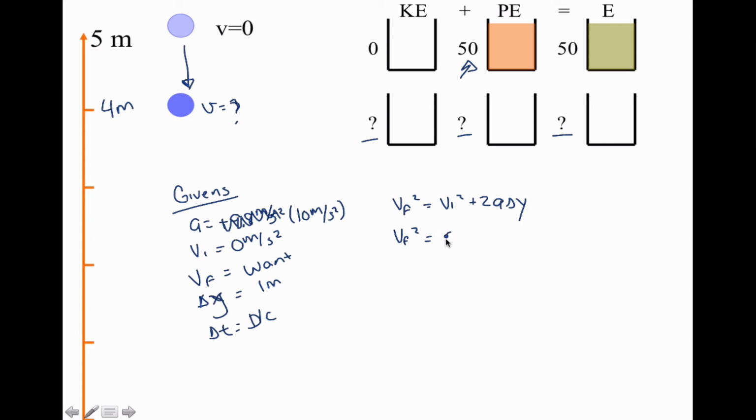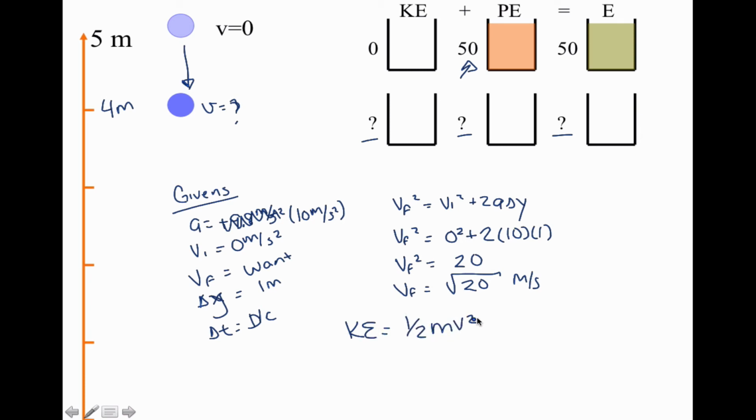Vf squared equals 0 squared plus 2 times 10 times 1. So Vf squared is 20. Vf is equal to square root 20 meters per second. Okay, so from here, we can solve for our kinetic energy. Kinetic energy is 1/2 mv squared.